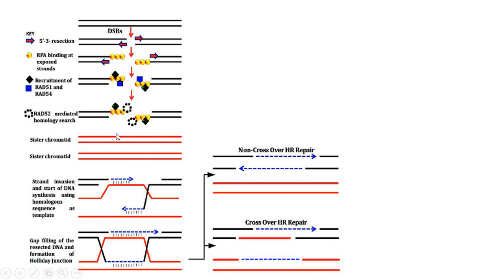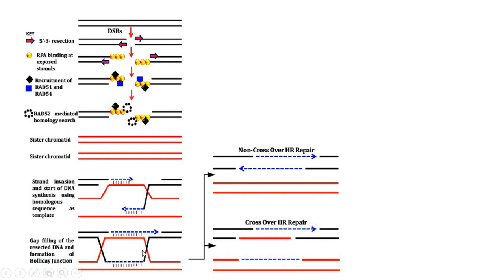So this one is looking for here, this one is looking for here. When it finds the homologous sequence on the template, it will synthesize that sequence and fill the gap. Here it will synthesize the sequence, fill the gap, and make this Holliday junction.